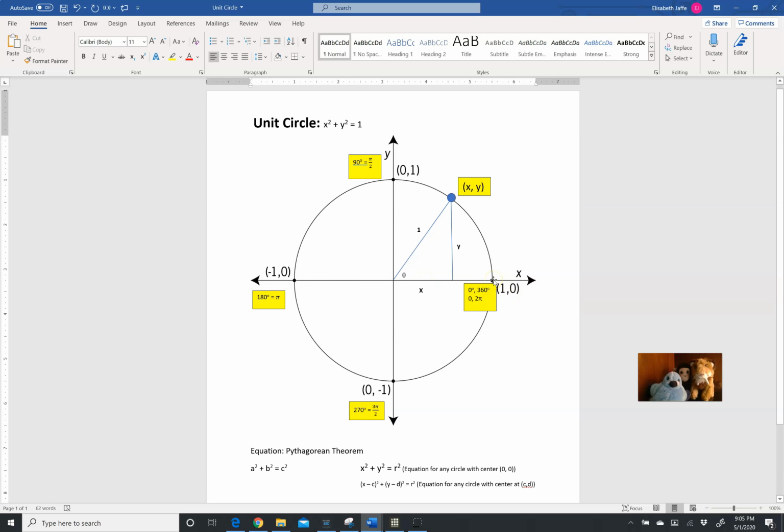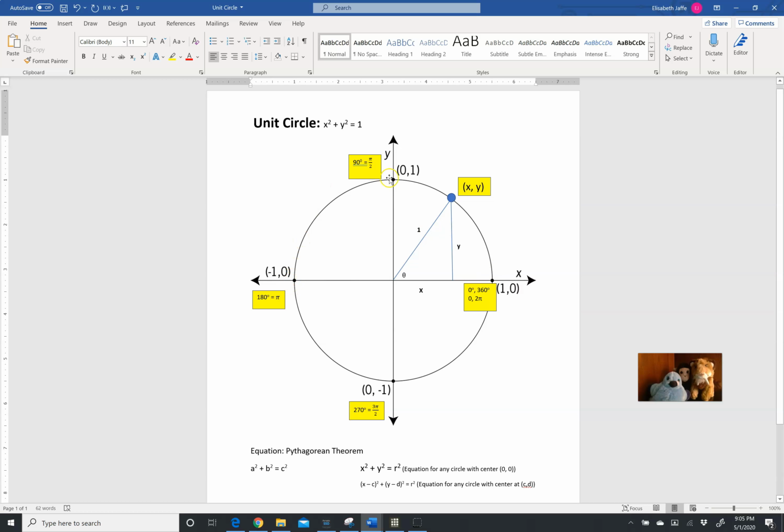So if we start here, that's 0 degrees, we also say that it's 360 degrees because when we go all the way around the circle, we're right back here. This is 90 degrees. This is 180 degrees. This is 270 degrees. And then again, back to 360. Now we also labeled these angles in terms of radians. So in radians, this is 0. This is pi.